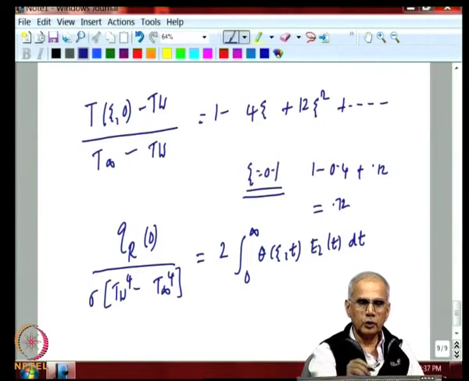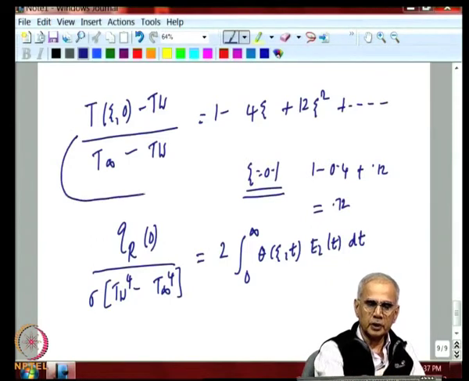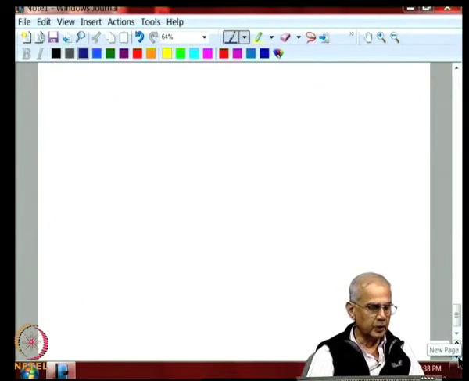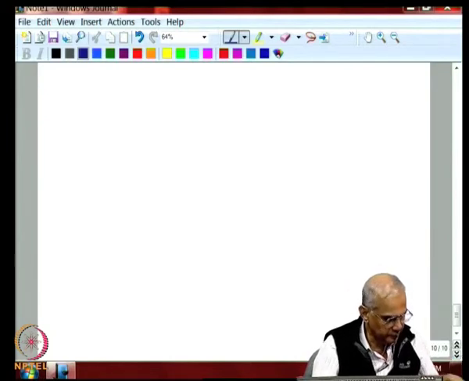So, now we know this solution can be substituted here, and we can proceed further with the solution. When you do that, this is what the solution will get.